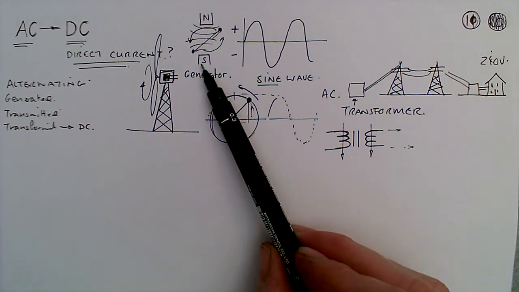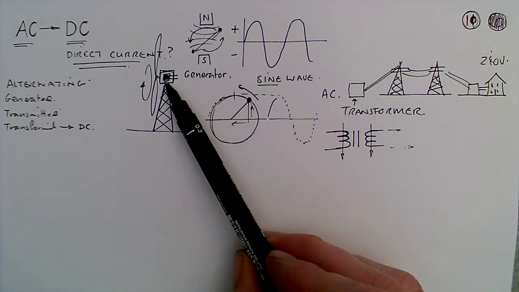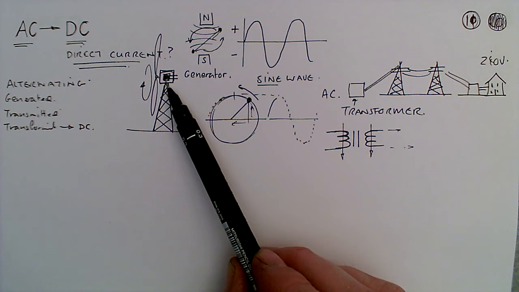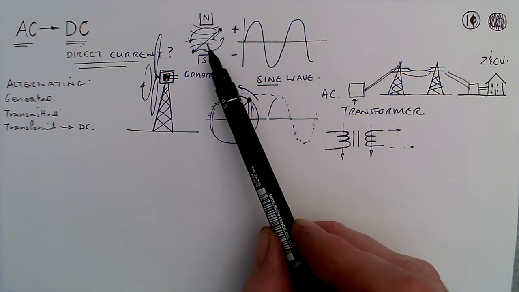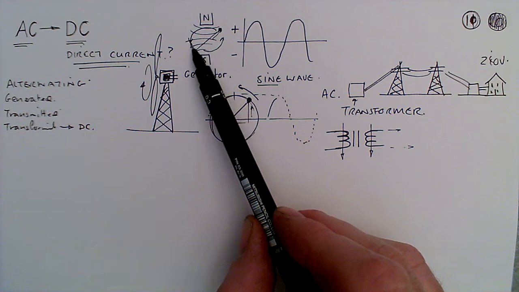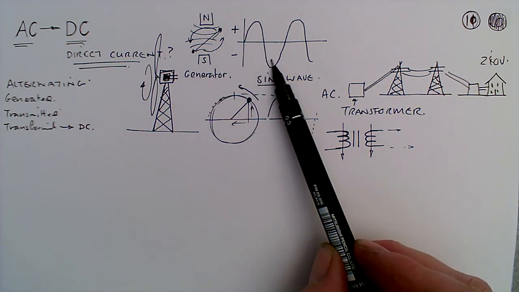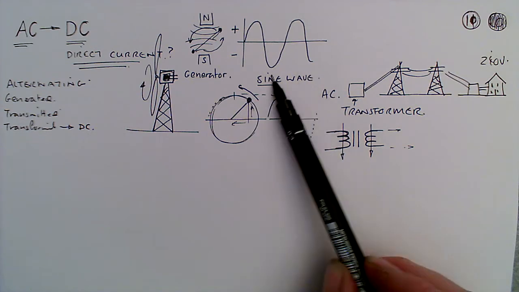So alternating current, some rotating mechanism takes physical mechanical energy and transforms it into electrical energy by a coil passing through a magnetic field, and this generates a positive, then negative, then positive, then negative. Generates a sine wave.